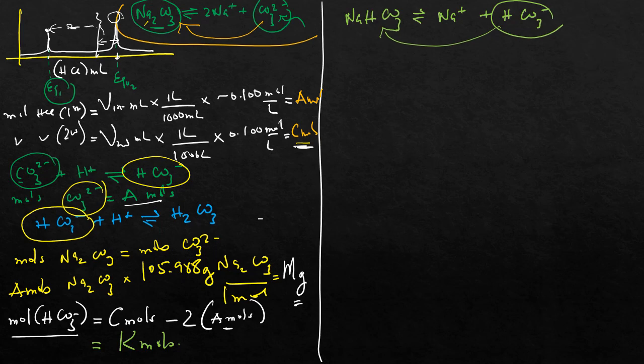So you have K moles of your sodium hydrogen carbonate multiplied. The molar mass of that is 84.006 grams of sodium hydrogen carbonate in 1 mole.